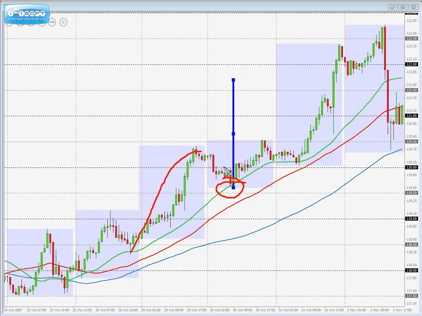I'm basically measuring this swing, trying to know where the new swing up can take us. This would be our final target, and as you can see, price in fact overshot that level by about 70-75 pips. So it overshoots quite a little bit.